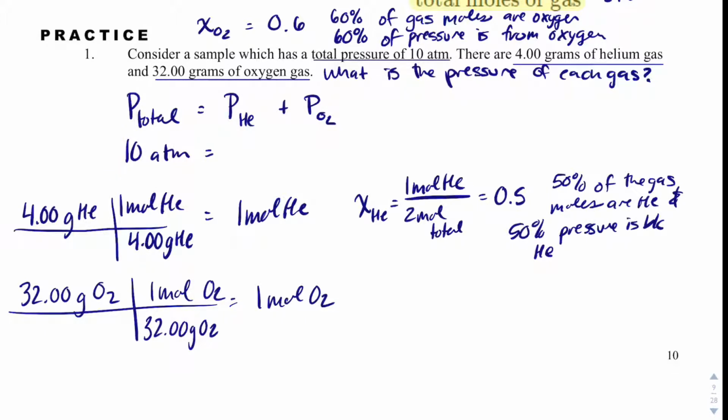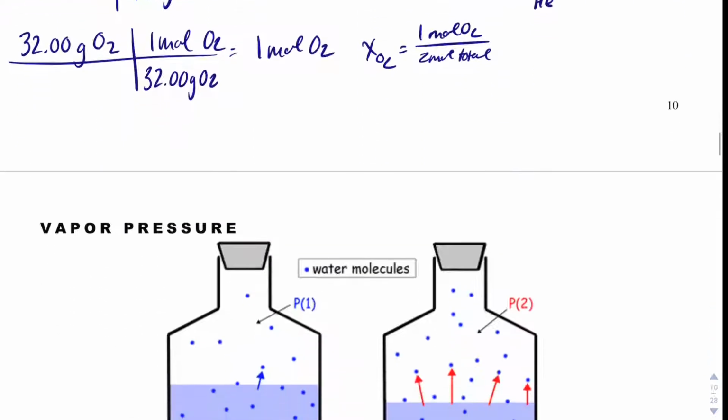Well, 50% of that, or 5 ATMs, must be because of helium. And if I solved this out for the mole fraction of O2, it will be 5 ATMs as well. In this first example problem, the numbers are nice and neat, but they're not typically this nice.